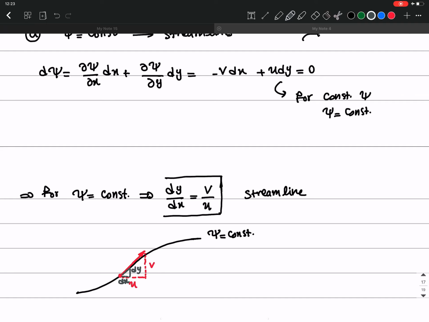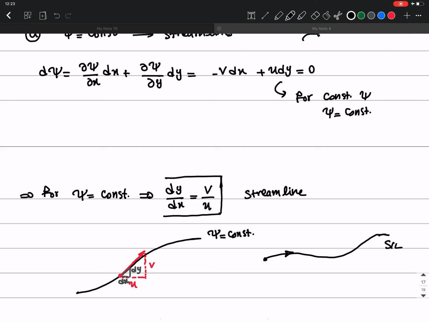So this is actually going to be the streamline, because for psi equals constant, the dy over dx of that line is going to be equal to v over u. So this actually means that we are moving on a streamline of the velocity. By a streamline, we mean if, for example, you have a particle and you let it go, this will form a streamline in the flow, right?